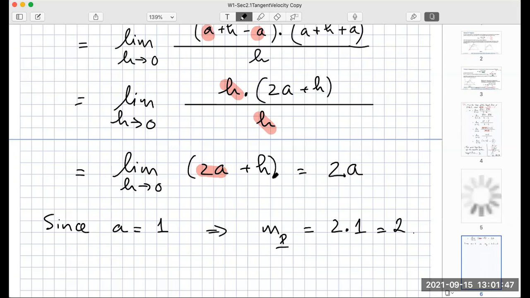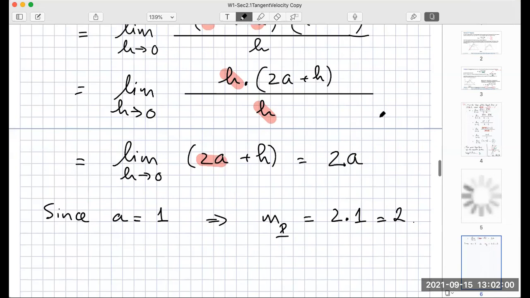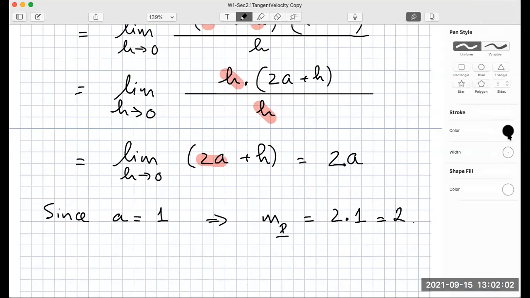The limit of h as h approaches 0 is the same as the limit of x as x approaches 0, so it becomes 0. Very good. Is it clear? Okay, very good.